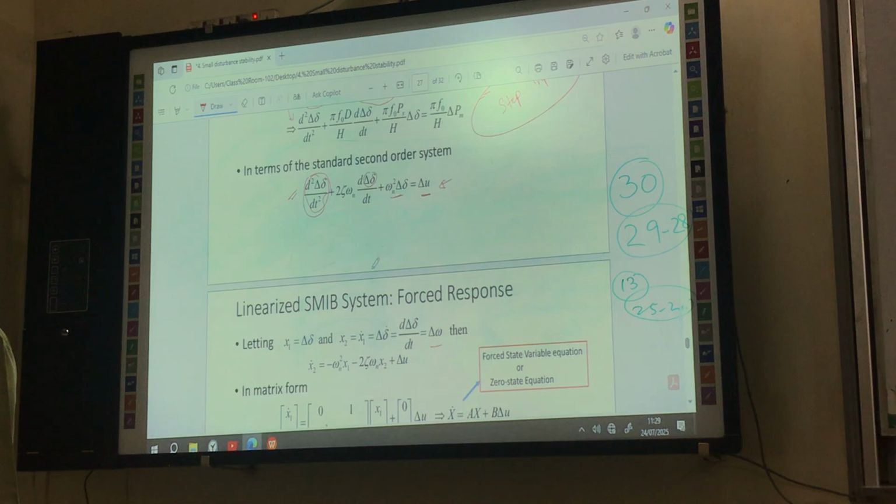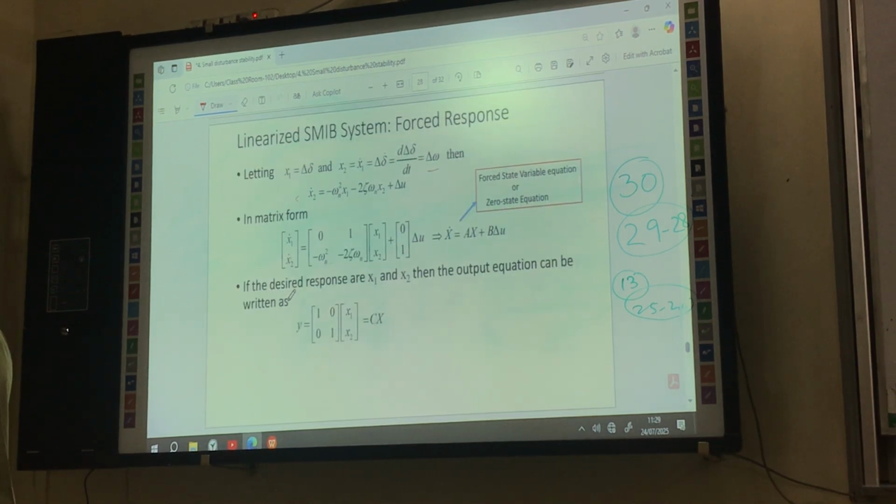It will be simply this term on the right side, so it is this plus del u, then omega n square, which is nothing but x1, and this is 2 zeta omega n, and this is x2. You can easily understand this if you understand the previous topic, then this should be very easy for you.